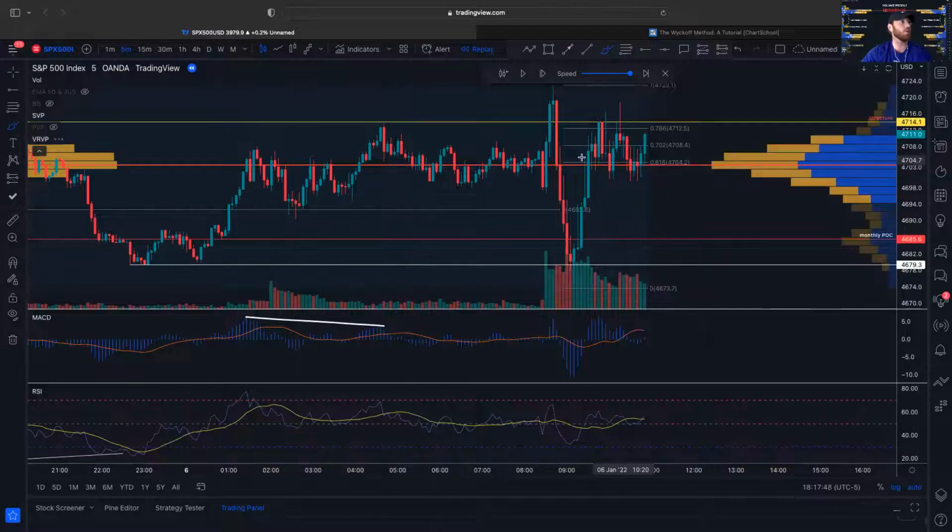Yeah, we were struggling to break it the whole time down here, and now it's moving up. If we get a volume spike above here, it should move to the upside.